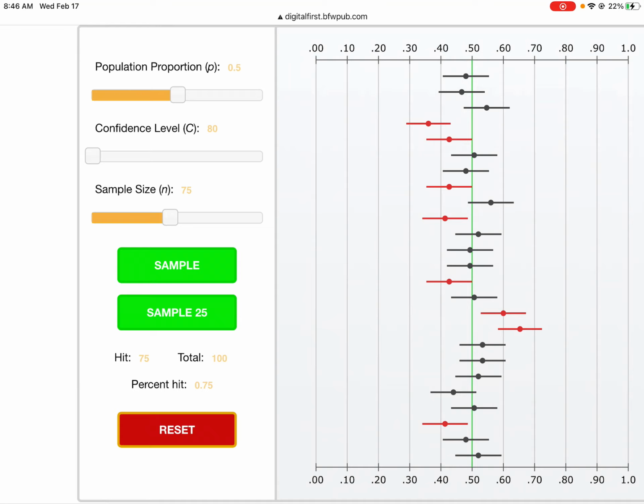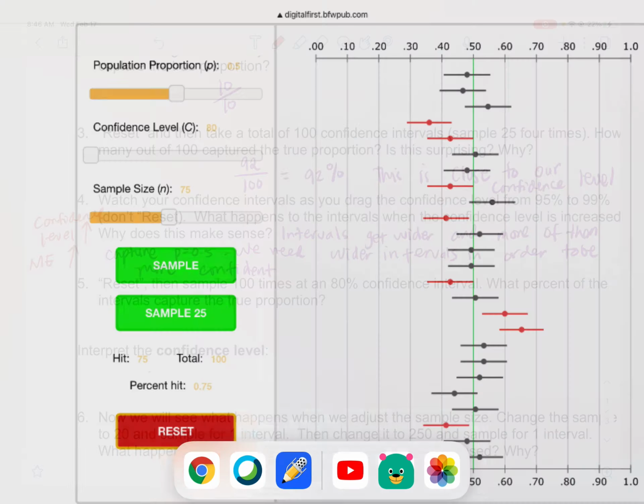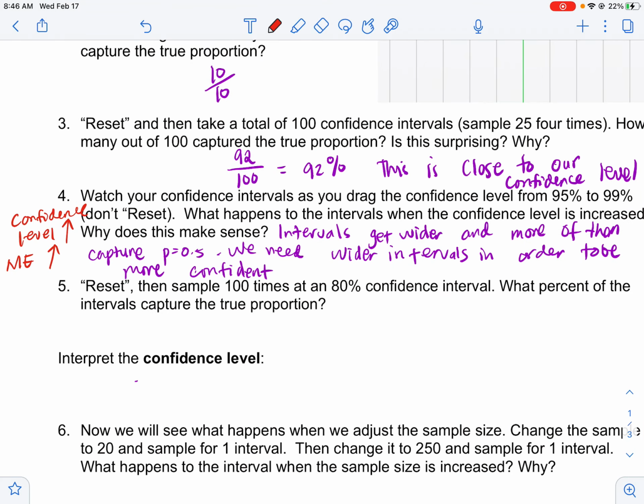We should be almost at 80%. So I expect that 80% of my intervals will capture the true proportion. But right now, 75 did, but that's okay because that is a number that is really close to 80%. So mine is 75 out of 100, which is 75%.